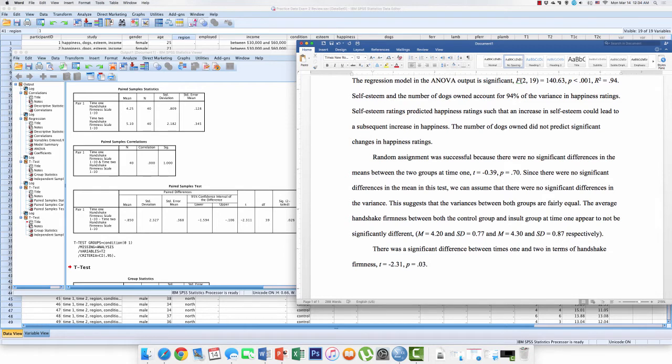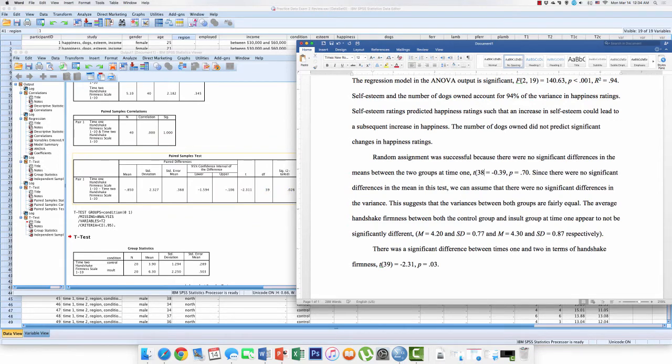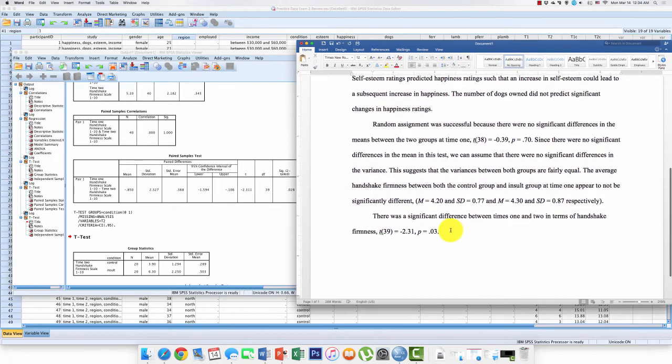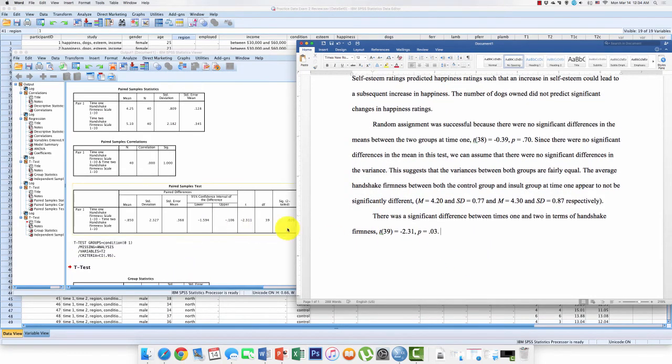I've been forgetting to put the degrees of freedom in here, but don't forget for the t values to include the degrees of freedom. So this one is 38. Okay. So now you have that reported. You can go on to the next part of this interpretation.